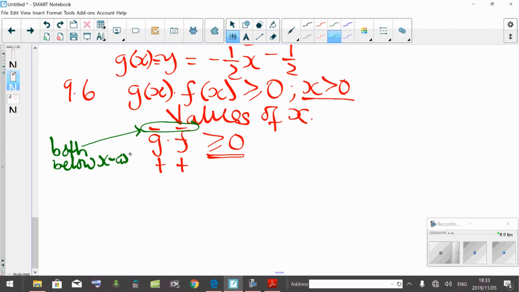That's what it means for f and g to be negative. They must both be below the x-axis. That's where y is negative. And then once we're done, we investigate again where they are both above the x-axis.